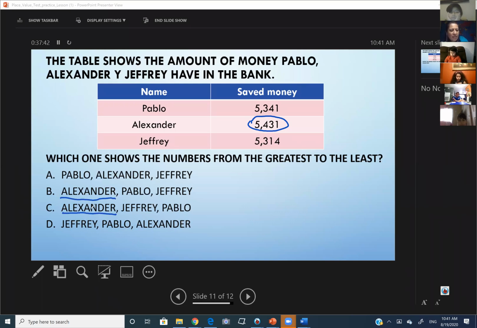He has the greatest amount. So A and D cannot be my answer. Then the next number is the one with 4 tens. That's Pablo. And the kid with the least money is Jeffrey. So my answer is going to be B. So if you sent B to me, that was the right answer.